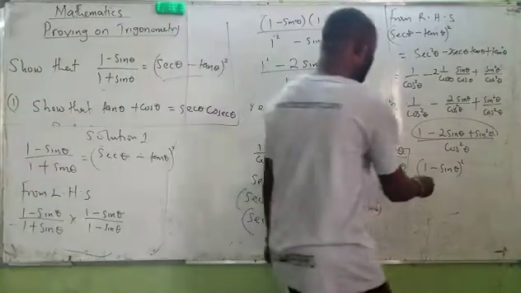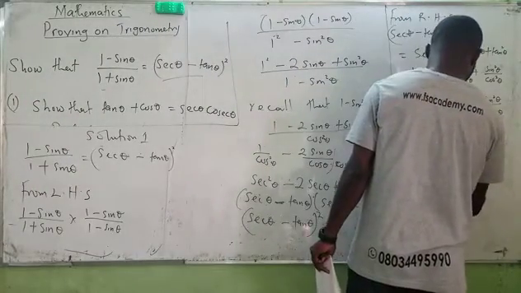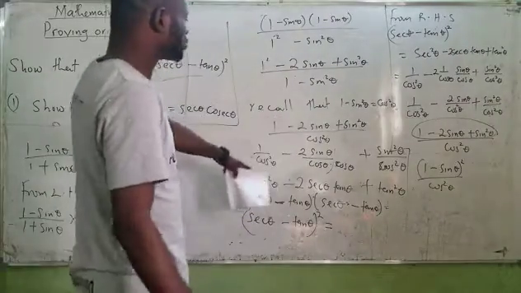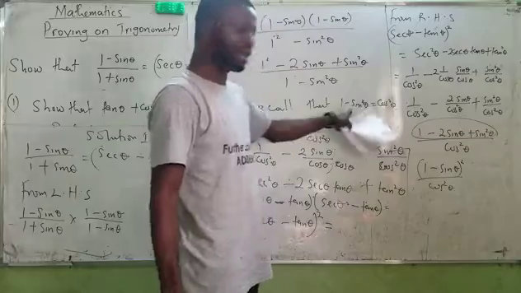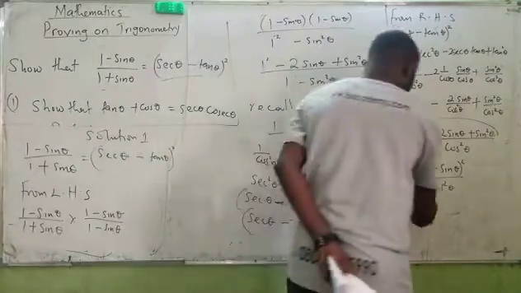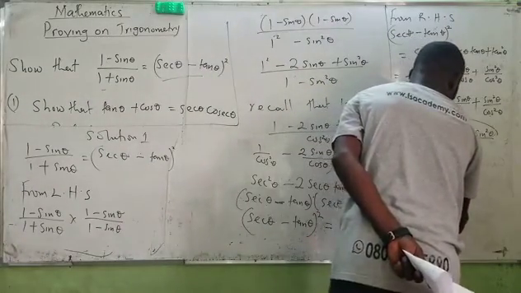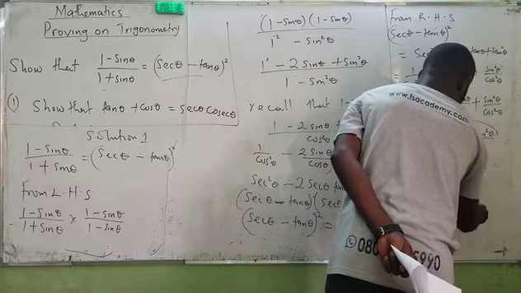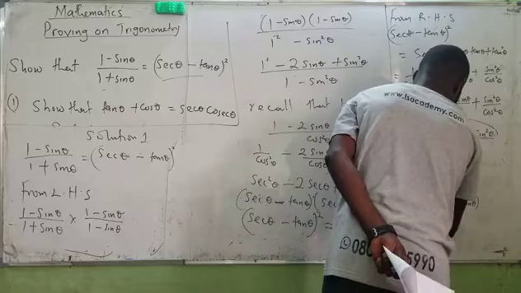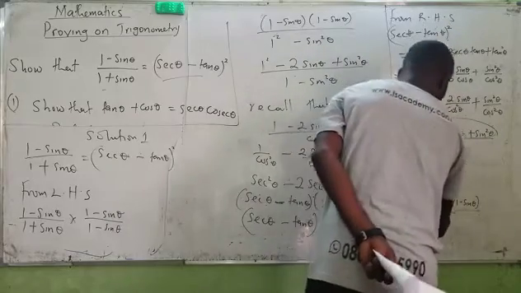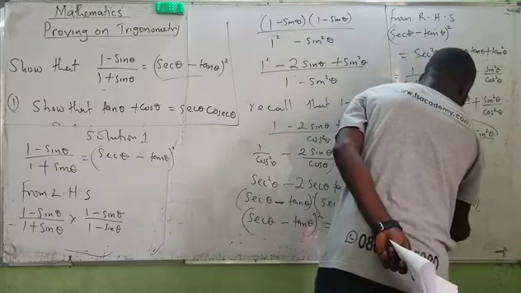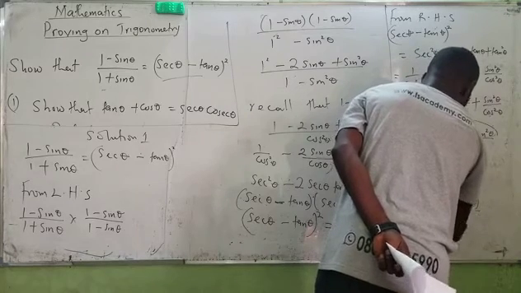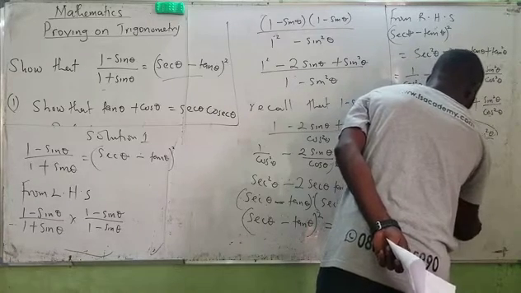Now, it will be divided by cos square theta. Don't forget that I recall cos square theta can be equal to 1 minus sine square theta.